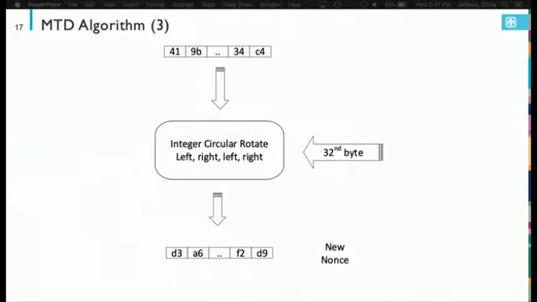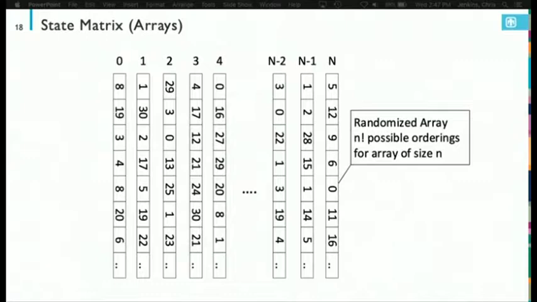And then to produce another array, we do that again with that new nonce, which produces an additional nonce, and so on and so forth, such that you can produce arbitrary arrays, or we call arbitrary rounds, to form your state matrix.